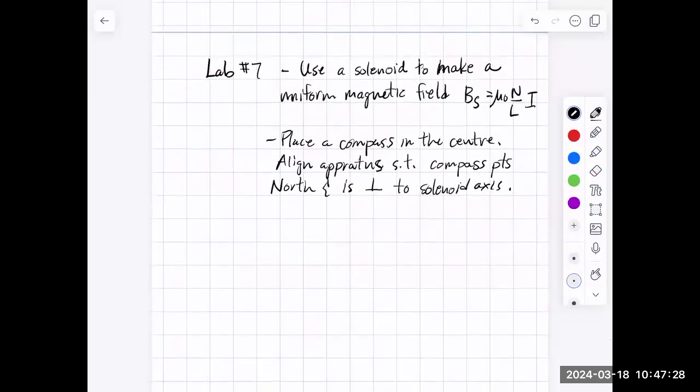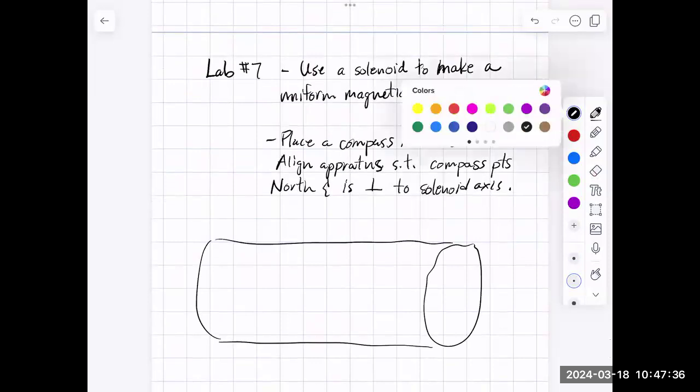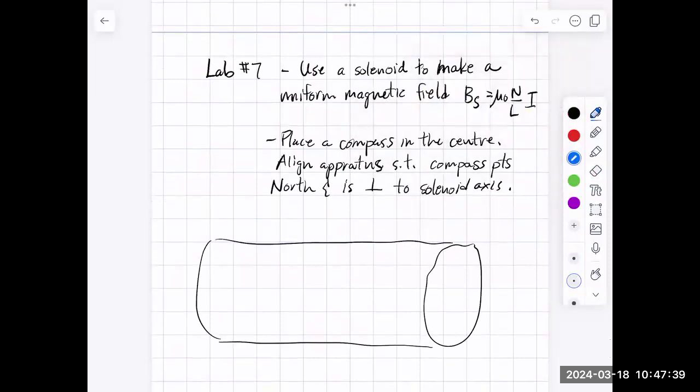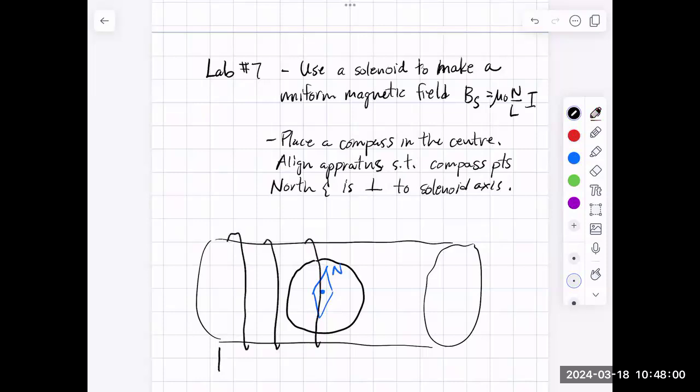So we're going to have our solenoid, and so I'll draw my cylinder. And let me draw the compass. I'll put the compass in there first. So here's our compass. Initially, the compass will point north. And so here's north, and here's the compass needle on a rotation axis. And I'll wind my solenoid around here. So here we go. We wind our solenoid.